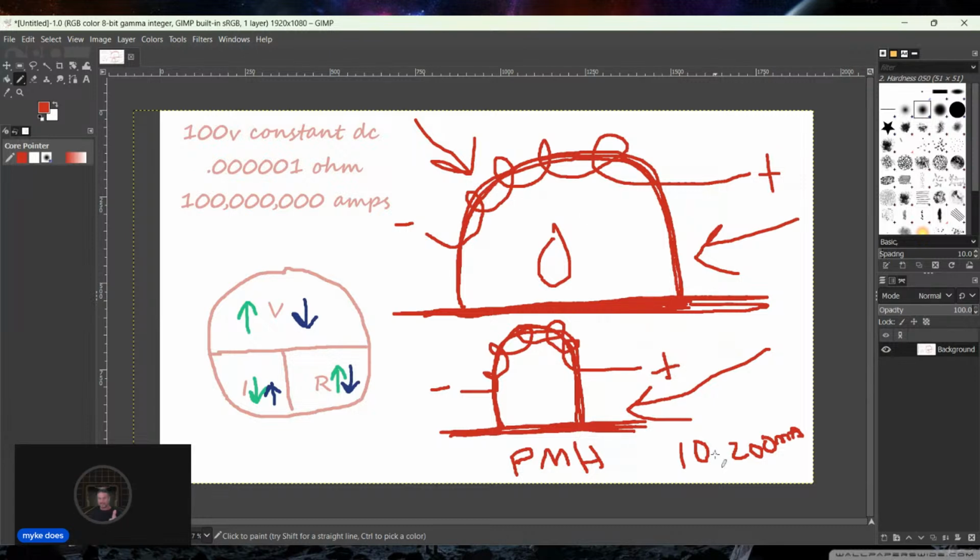And so the battery that pulsed the coil is a 10 volt battery, but it has 10 amps in it. But because the coil has some resistance, you only got 200 milliamps of that 10 amps through the coil. The rest of the amps stayed in the battery.